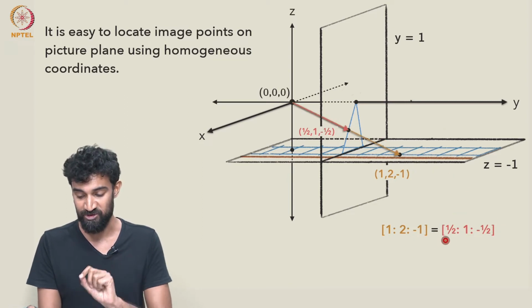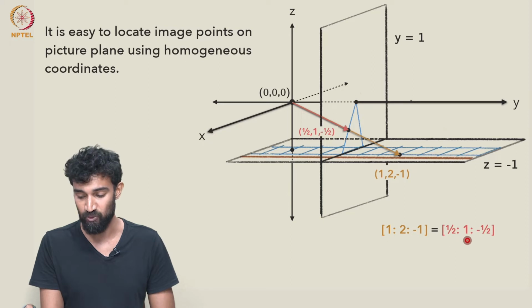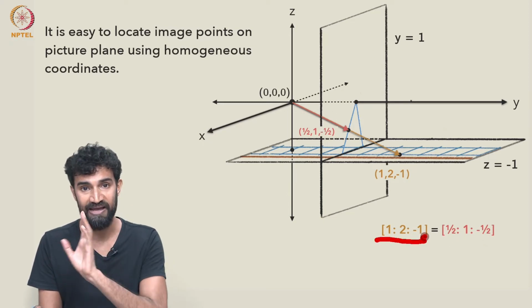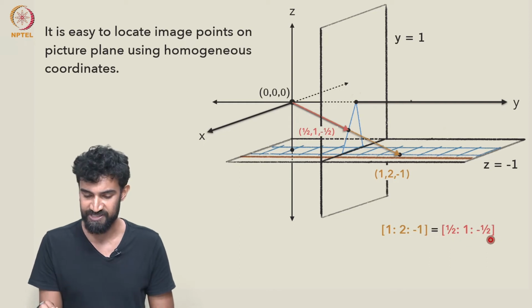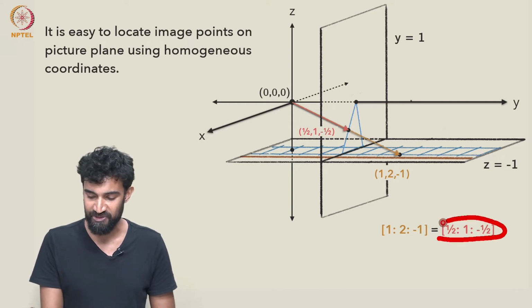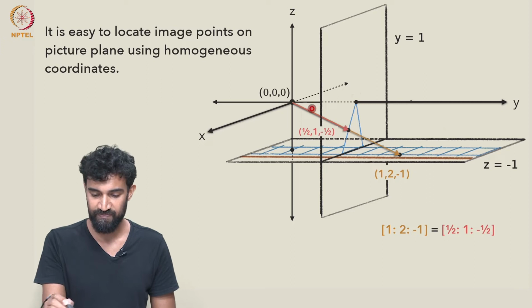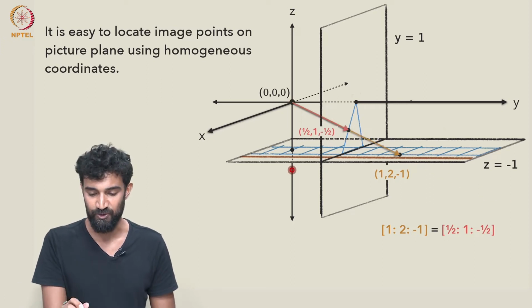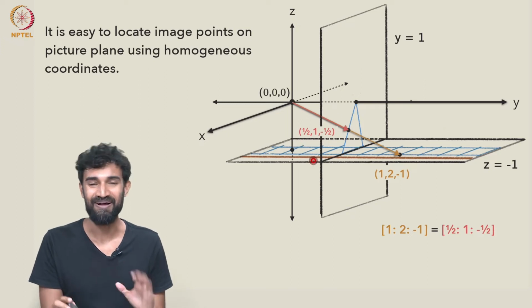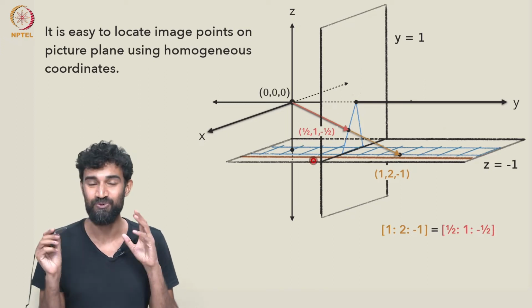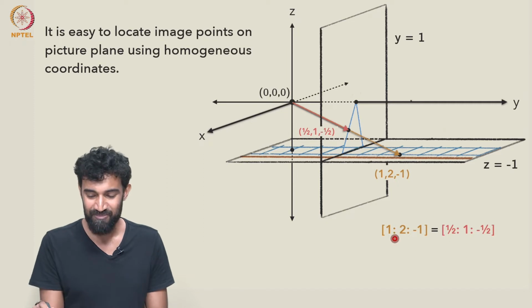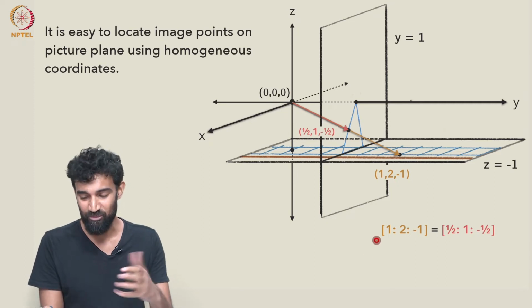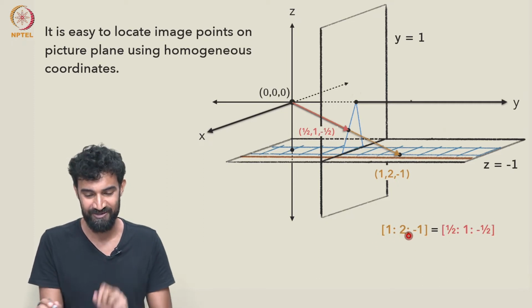In homogeneous coordinates, we're writing it as 1/2, 1, -1/2. We just multiplied each coordinate by 1/2 to get this. But that's really using this point as a representative of this line. So I'm not doing any rocket science here. This is nothing that we couldn't do earlier without homogeneous coordinates. But we'll see in a second that homogeneous coordinates make this a little bit more slick.